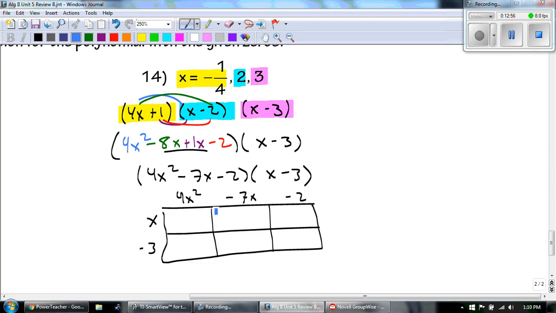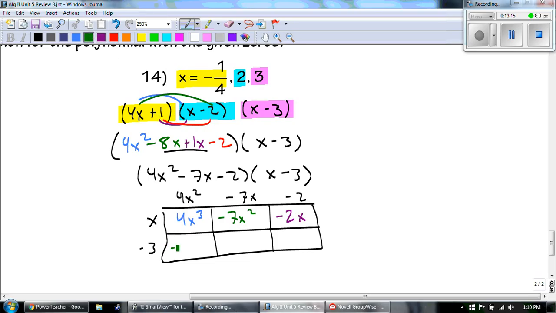The top row is easy because when you're multiplying by x, all you have to do is just add the variable. So you're either adding an exponent or giving it a variable. Okay, so 4x cubed minus 7x squared minus 2x.